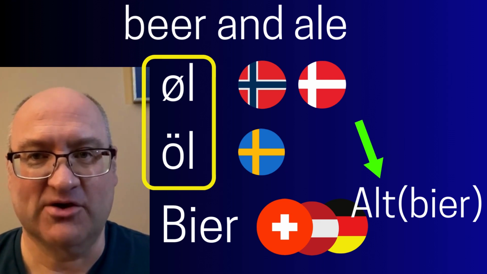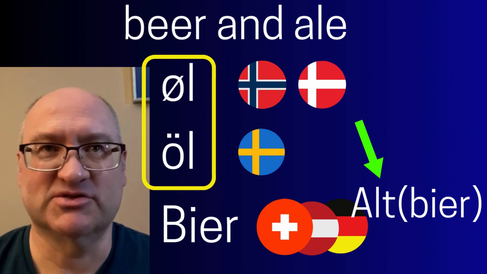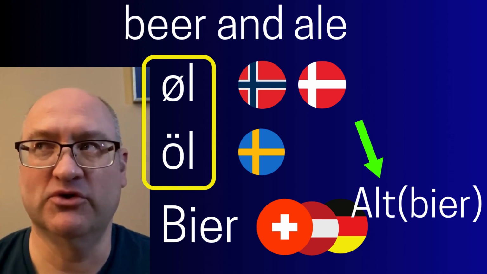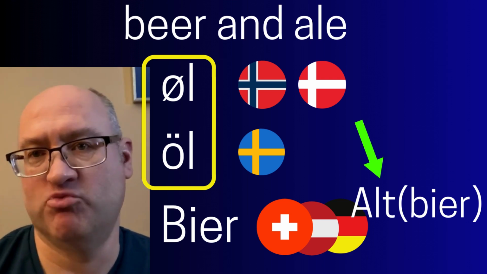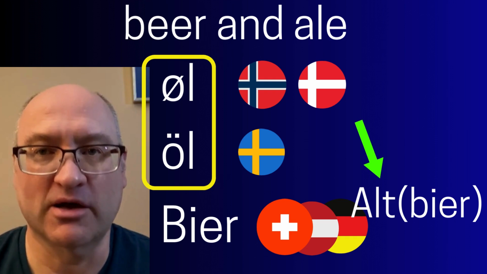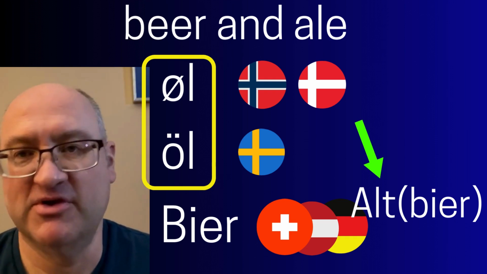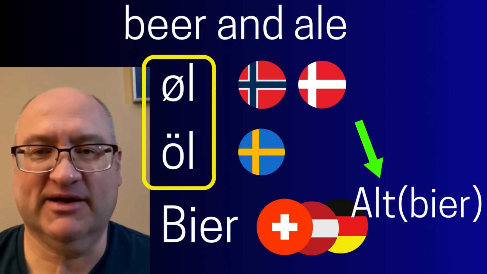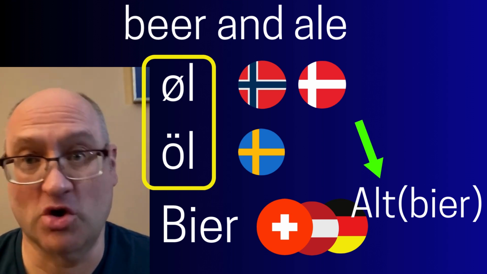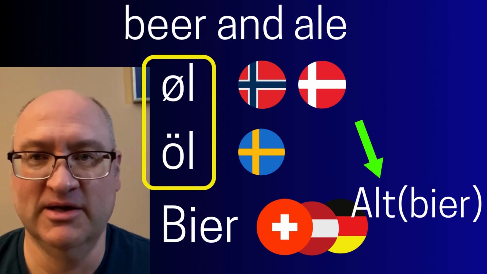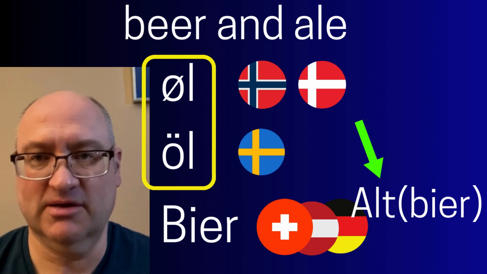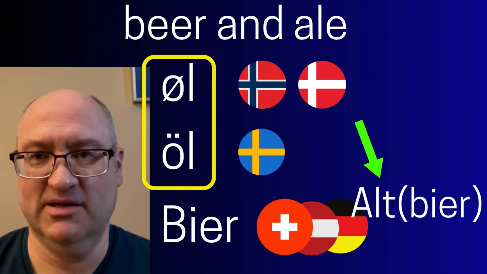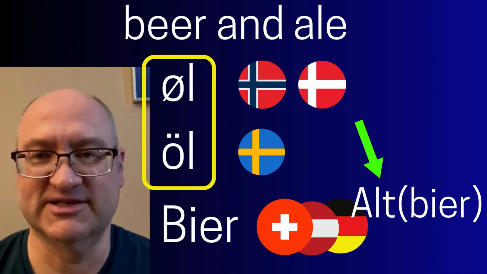I don't know if that's accurate or not. Altbier refers to an old way of brewing before the lager method was invented and perfected, because most German beers are lager beers because they're cold fermented in cold storage places, in cellars.